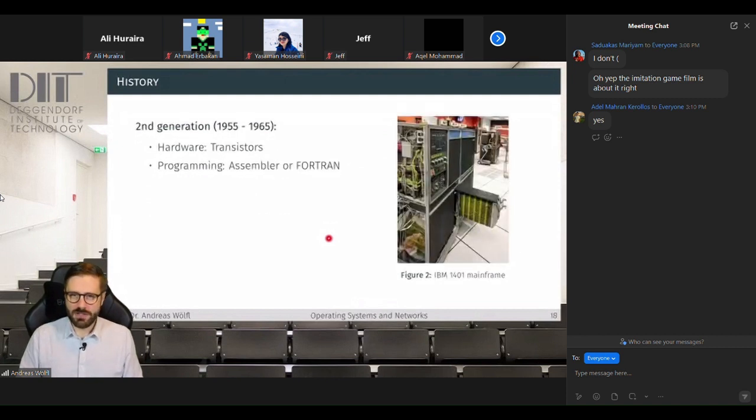The next generation, 10 years later, mid-50s to mid-60s, introduced a new generation of hardware. So there we had, for the first time, transistors. And computers nowadays, all chips are based on transistors. And maybe you know these performance indicators that you read in the marketing of CPUs, the 5 nanometer process or the 3 nanometer process.